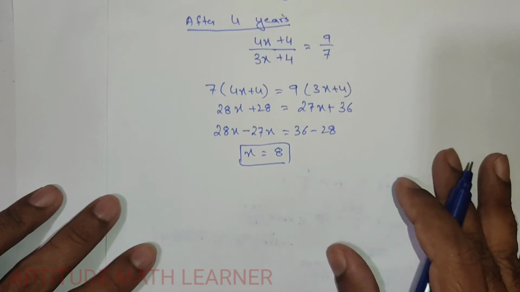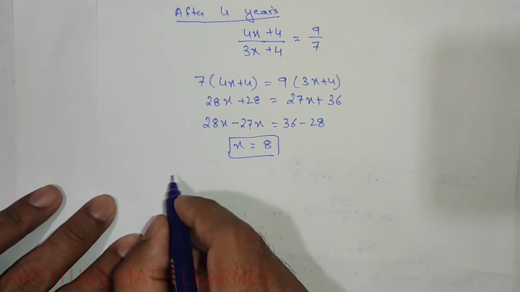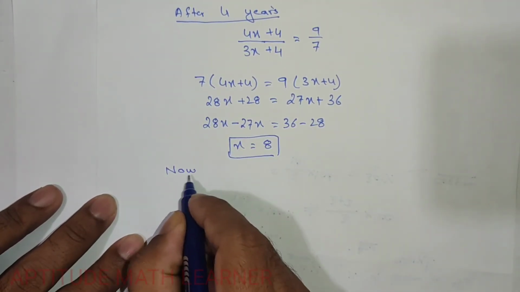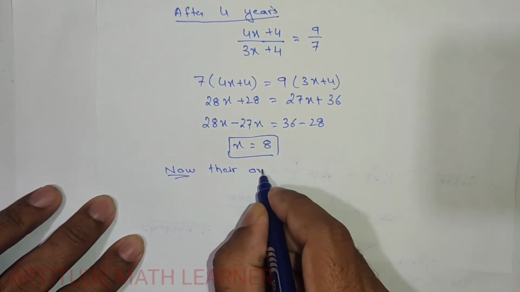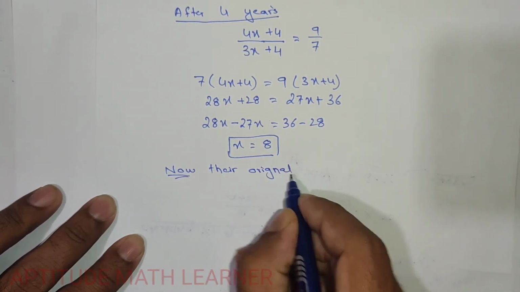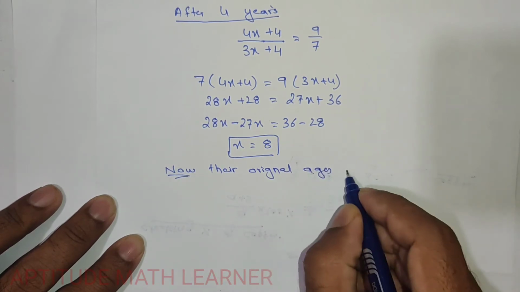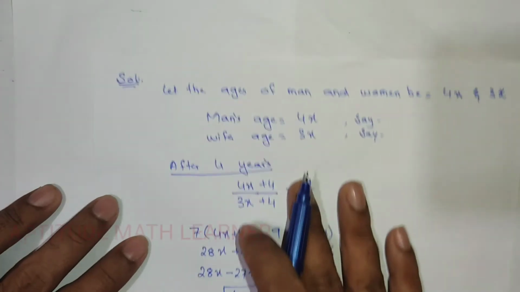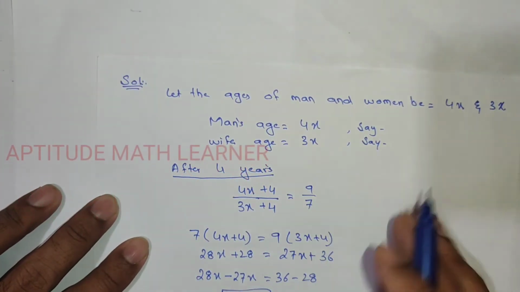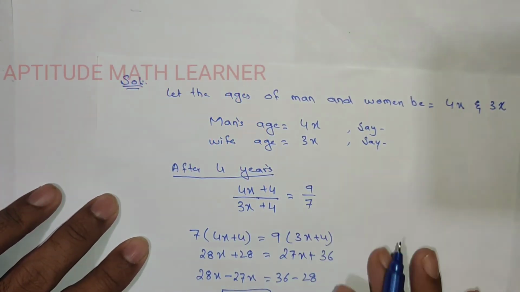Now to find the real ages, we supposed that the man's age is 4x and the woman's age is 3x.